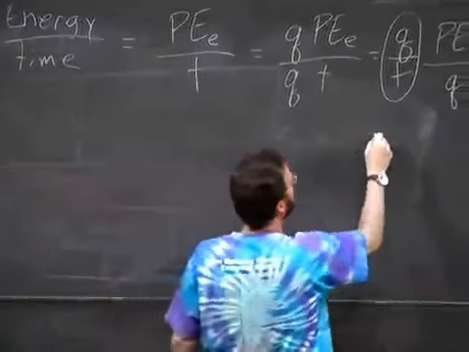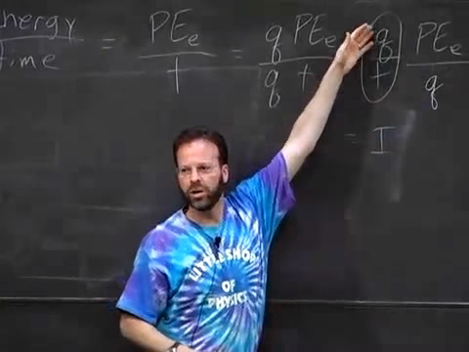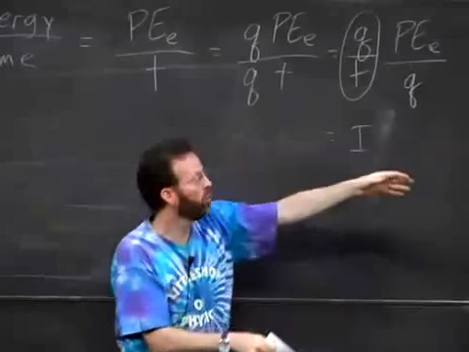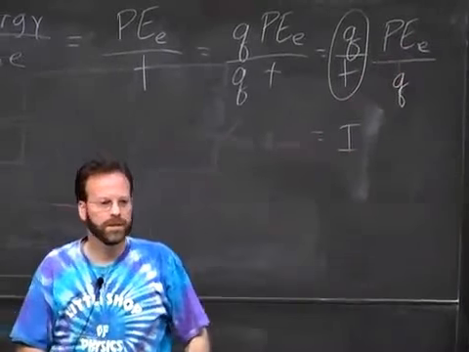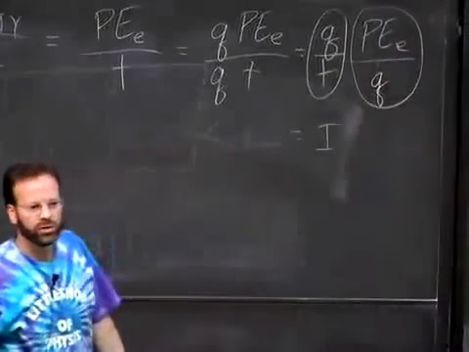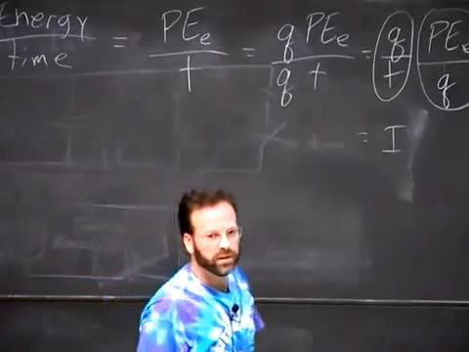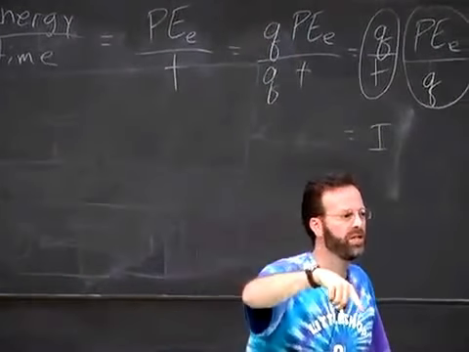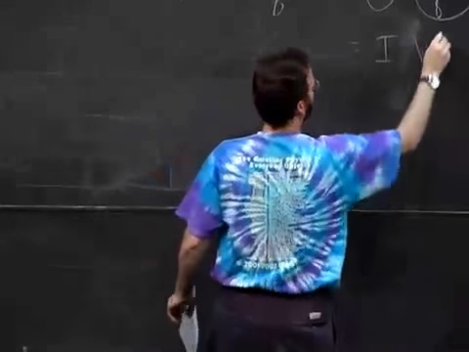Current. Good. It's the flow rate of charge, right? It's how fast your charge is flowing. Who recognizes this one? Energy per charge. What's that? It's the voltage or electric potential. Same thing. Electric potential, voltage, is energy per charge.